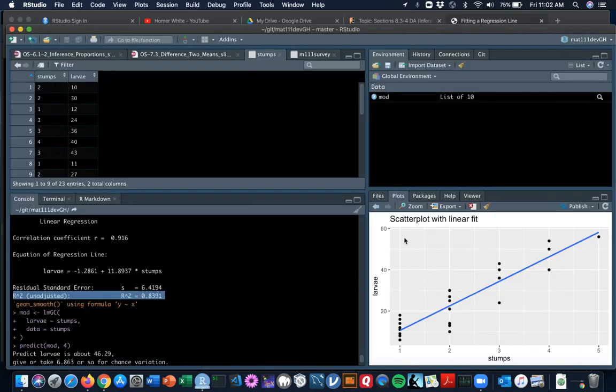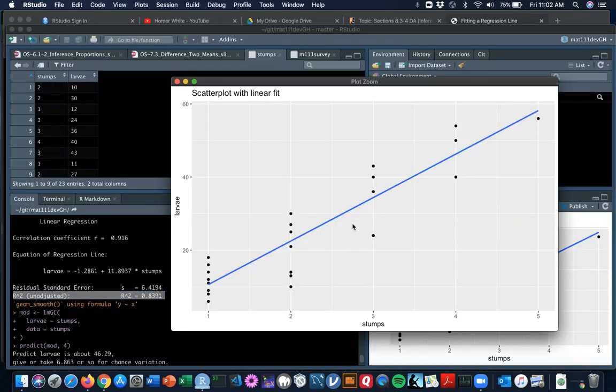So, back to this scatter plot again. The number of stumps varies. The number of larvae clusters varies. But it seems like the variation in the larvae clusters is partly explained by the variation in how many stumps there are. Because this line rises, small Y values here, big Y values here.